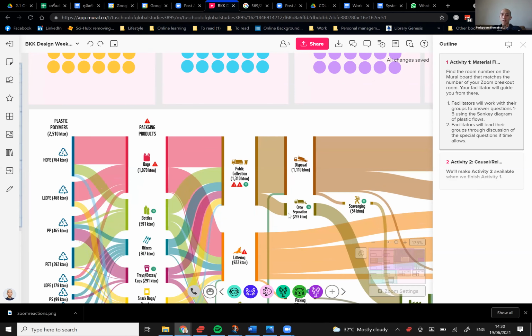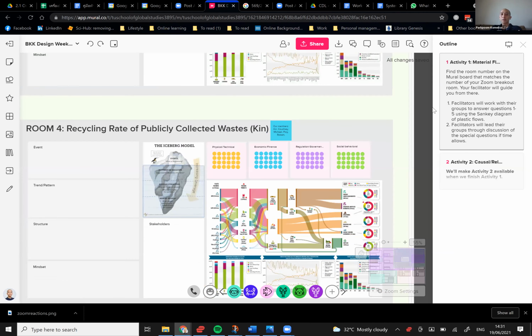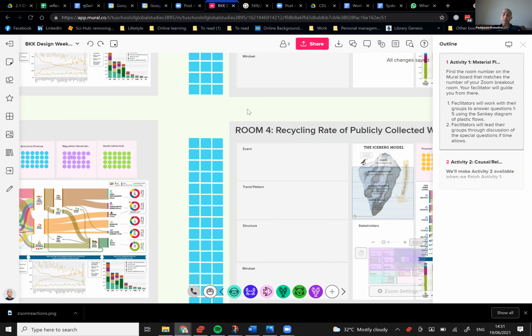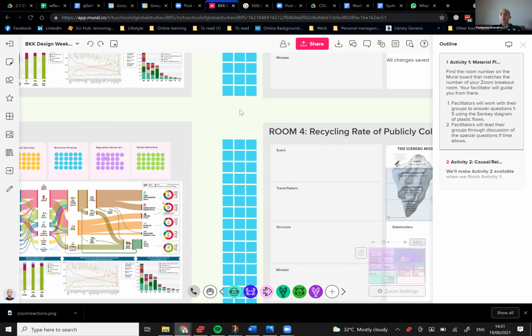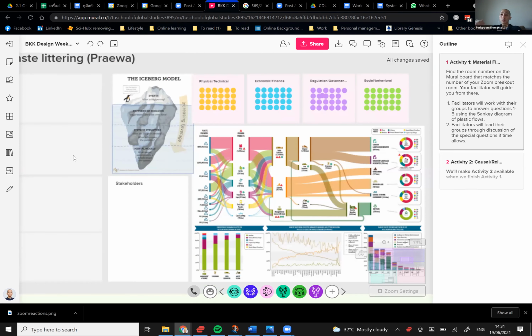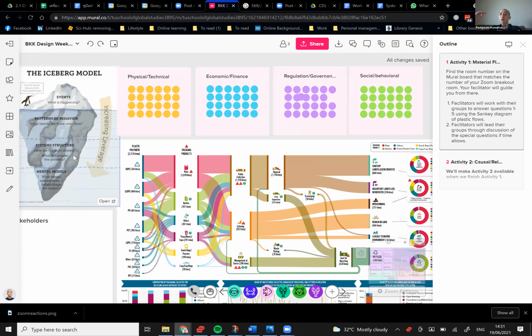So each room will then dive down into it. The reason I want to show you this is, in case we don't have enough time to explain later, I just want to point out the objective of why we do this. First, it's a practice of going deeper and finding the key drivers for different points. But even if you focus on different points of the plastic journey, once you go deeper to the system structures or the mental models, you start to see similar key drivers or factors shared across different topics.